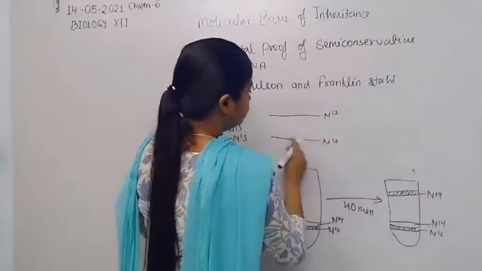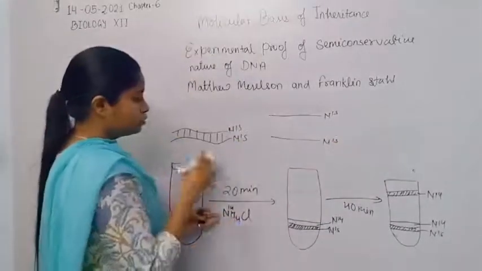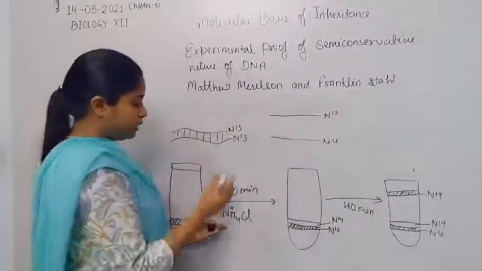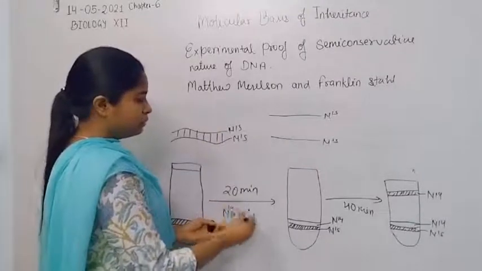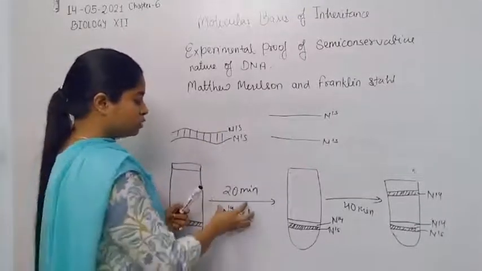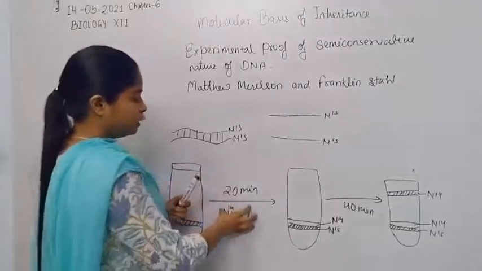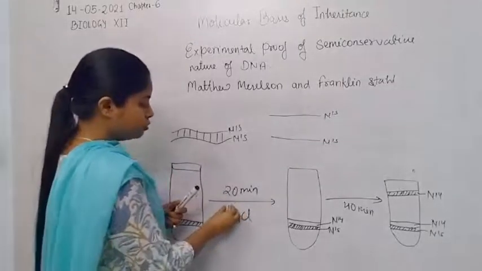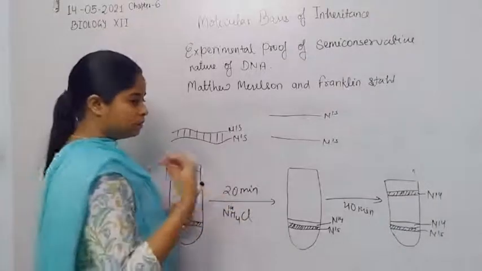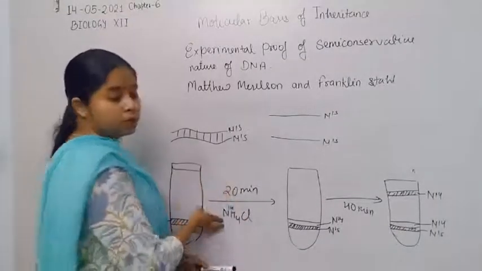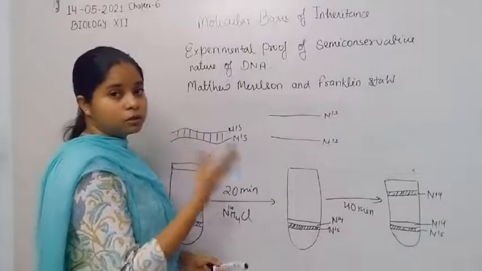For the new DNA synthesis, the nitrogenous bases used in the synthesis of new DNA come from the medium, because they grow in the medium of N14 ammonium chloride. So they use N14 nitrogen for the synthesis of new DNA.